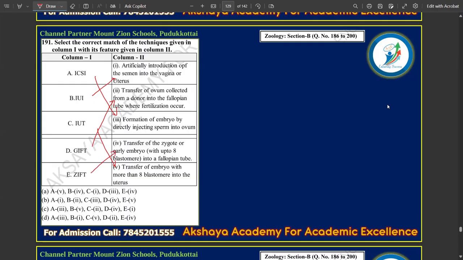Okay, so based on that, let's compare. It is A3, B1, C5, D2, and E4.